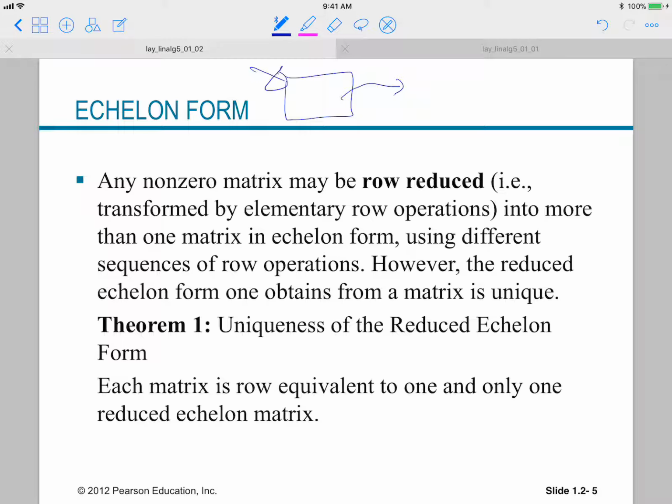Okay, we basically reduced a really complicated matrix into a simpler form, which is now an echelon form. So that is called row reduction. And then we can further change this echelon form of a matrix into reduced echelon form, right?